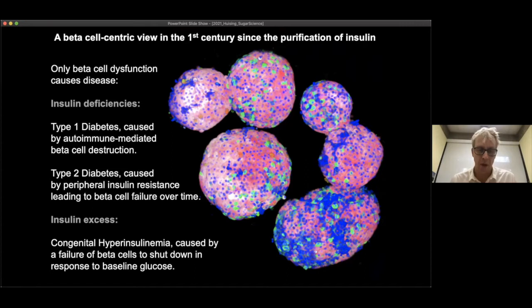And more rarely, but no less impactful, diseases of hyperinsulinemia, where excess insulin can cause dangerously low or even fatal hypoglycemia because the beta cells are unable to cease releasing insulin in time. Testament to the fact that insulin is a really powerful hormone that needs to be managed carefully, as anybody with type 1 diabetes will tell you.